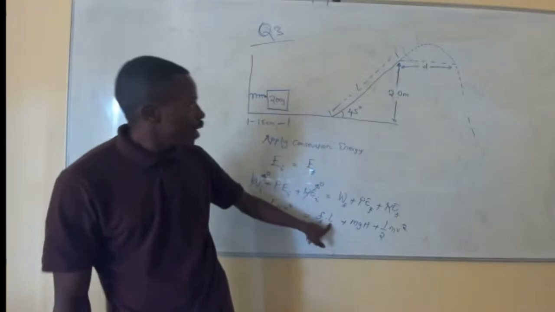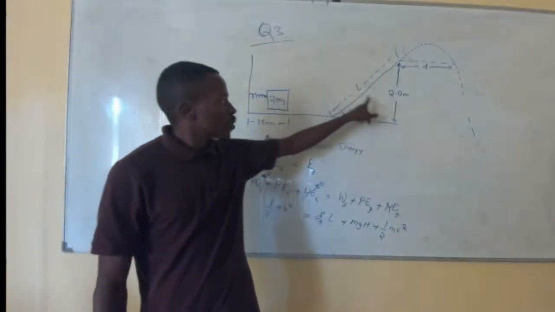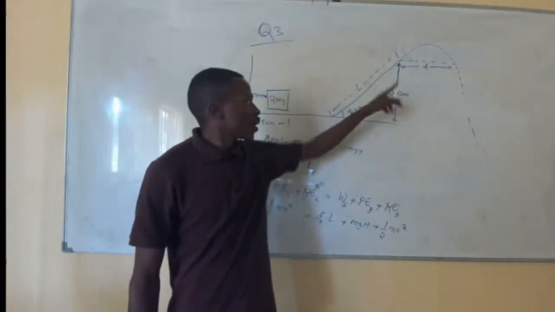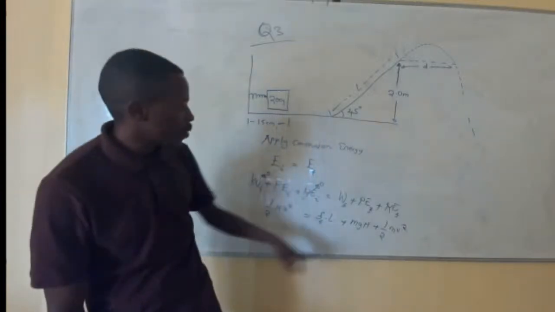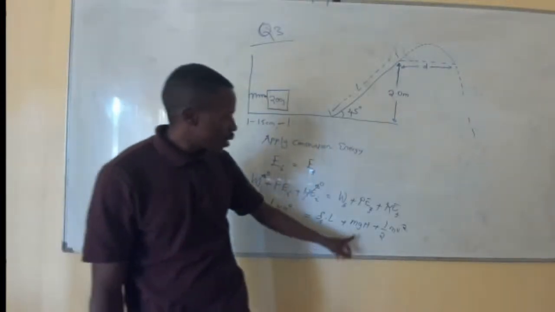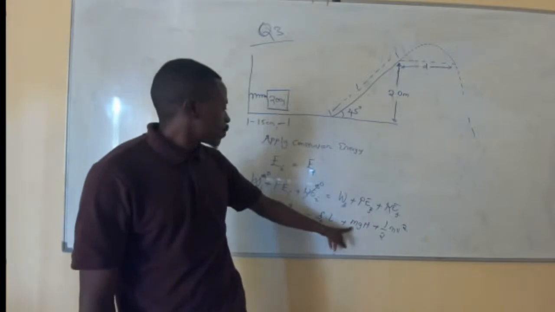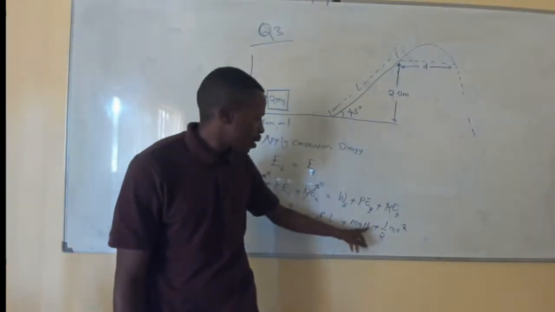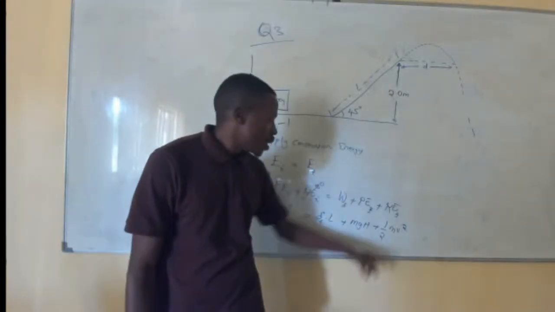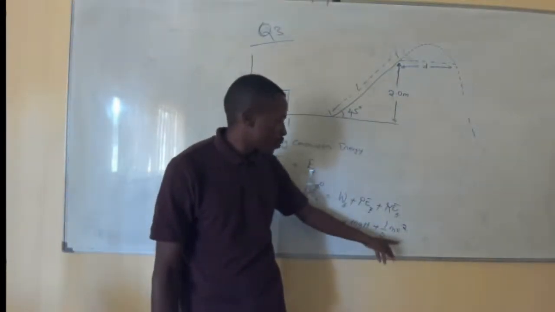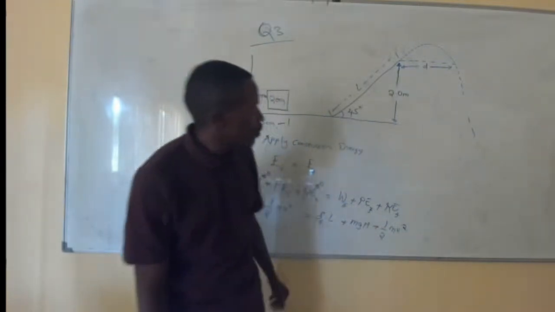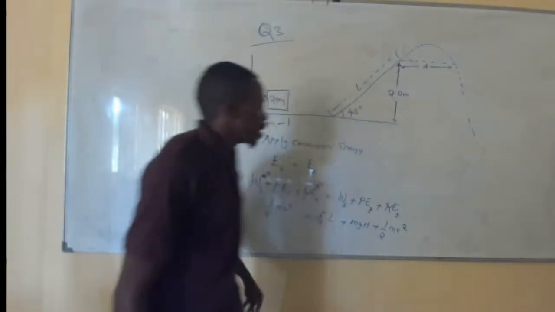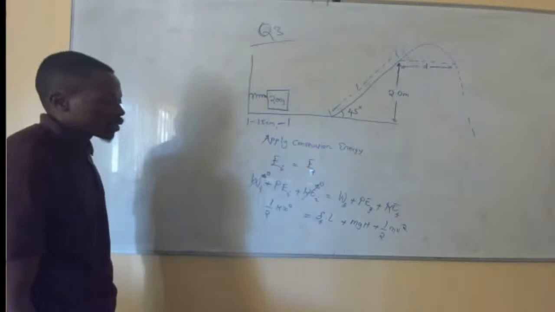We need to find L, which is easy because we have an angle and the height h, so by trigonometry we can easily find L. We also have the mass, which is given to us. We know what gravity is. h is simply given as 2, and m we know as well. Then we have to find V, because we don't know the velocity that the block will have at that point.